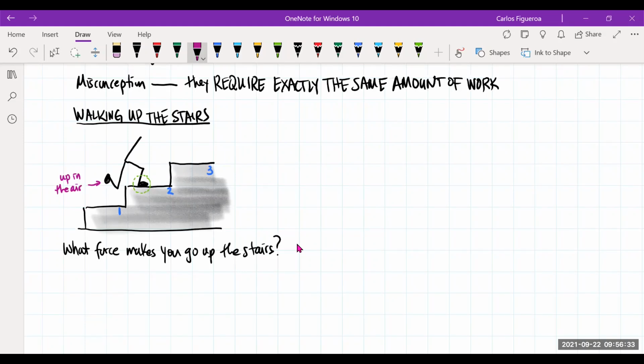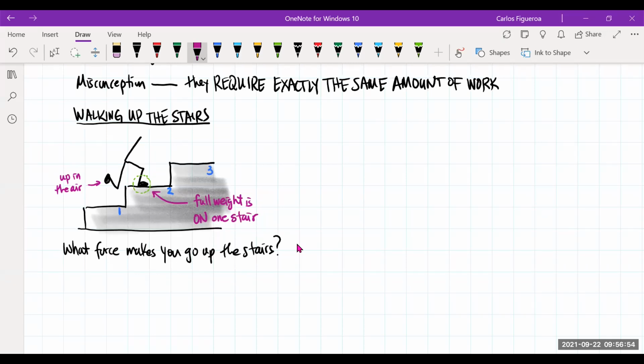So that means that the foot that's on the stair, the full weight is on one stair.